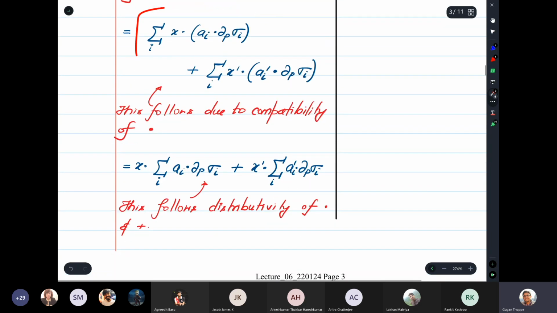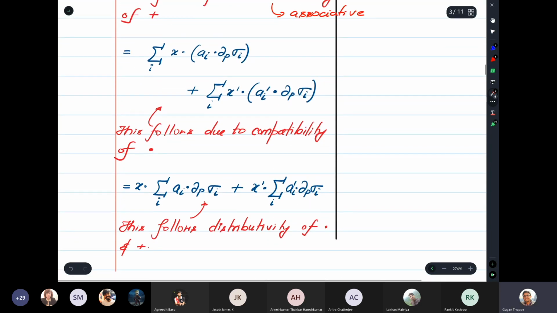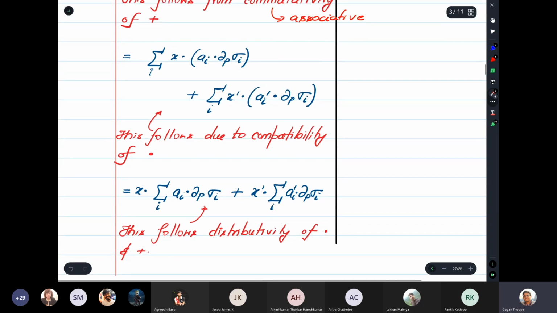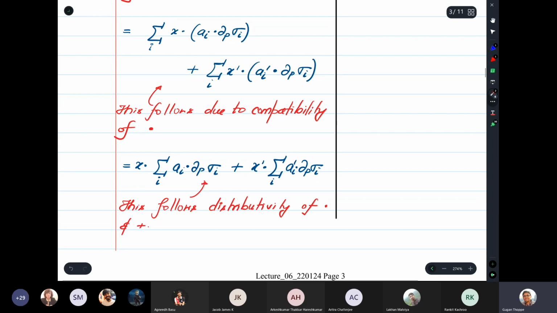Now you can see that there is some addition going on over here, and then there is some dot product going on over here. We know that this dot and this plus operation satisfy the distributivity property.